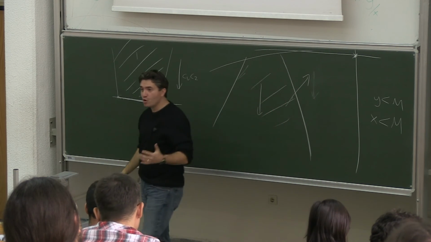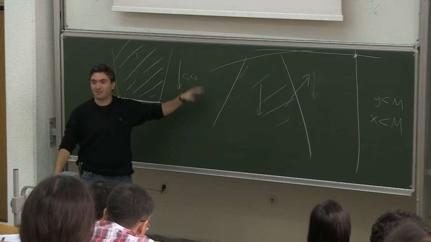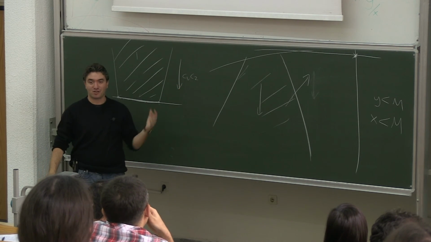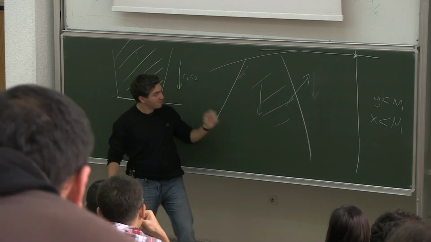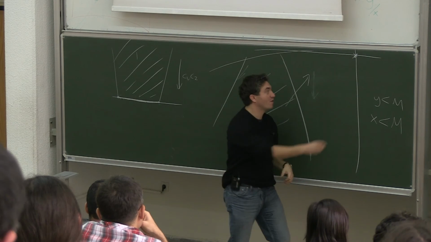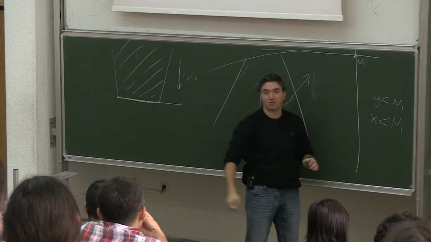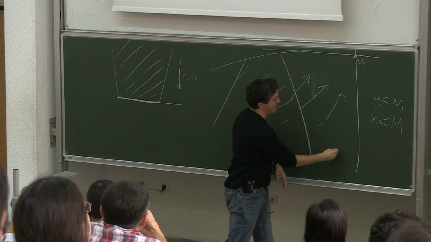Imagine no half planes were there and you want to maximize C1x plus C2y. If C1 and C2 are positive, this is going to be your extreme vertex initially. This is going to be your initial vertex V0, which maximizes this objective. It can be any direction.